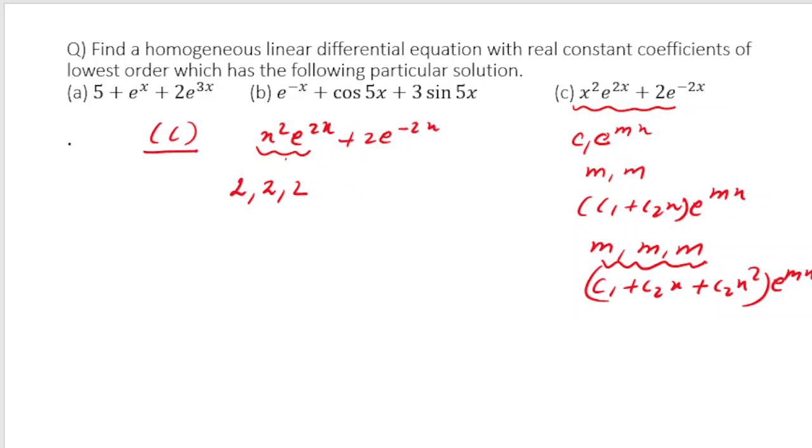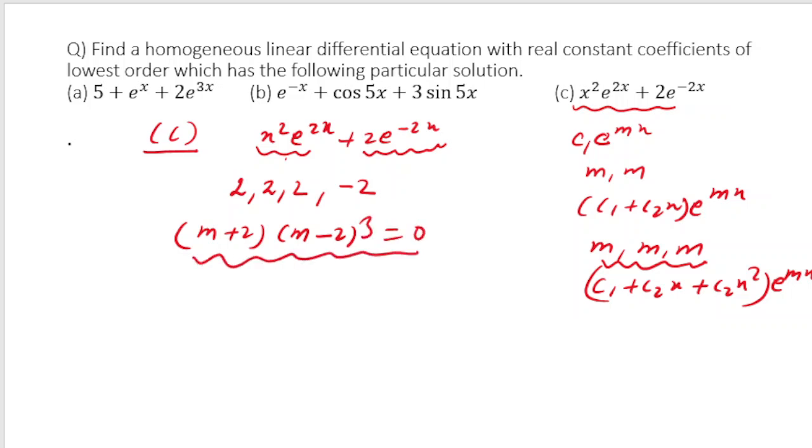You can say that what if there are 4 roots, then also it is possible, but we are looking for the lowest order. And this other term will occur only if the root is minus 2, right? So what is the differential equation that we are getting? Because of this factor I am getting m plus 2, and because of this factor I am getting m minus 2 cube is equal to 0. Now this is your auxiliary equation.